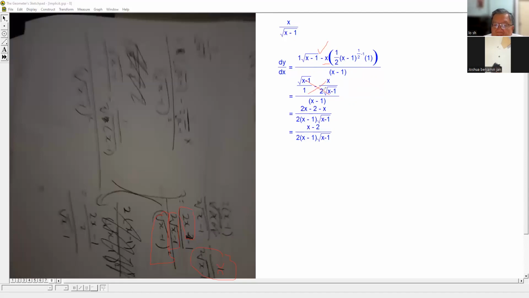When you take this 2 square root of x minus 1, multiply with square root of x minus 1, you have 2x minus 2. Minus 2, correct. Not minus 1. Because when you multiply the 2 inside, you have 2x minus 2.